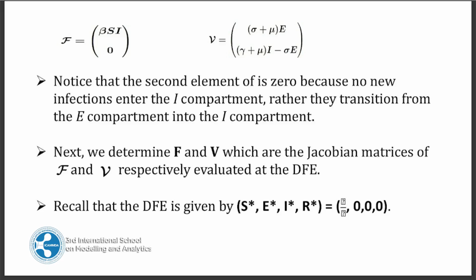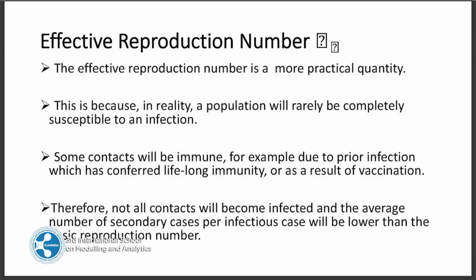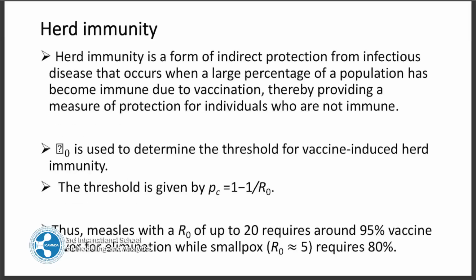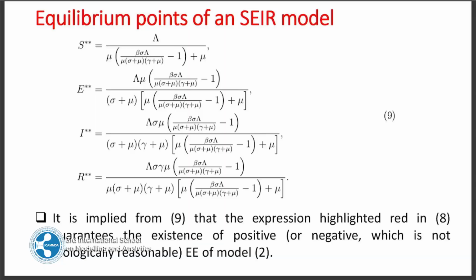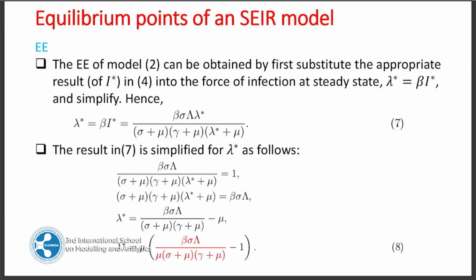So if you look at this, for the endemic solution, the expression highlighted in red here equals our R naught.